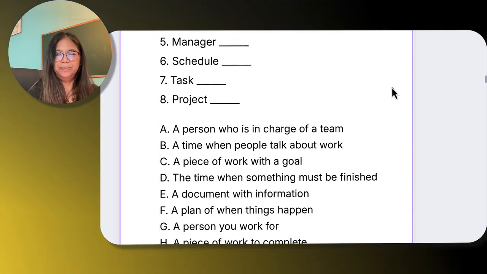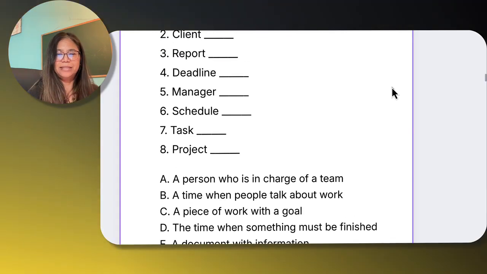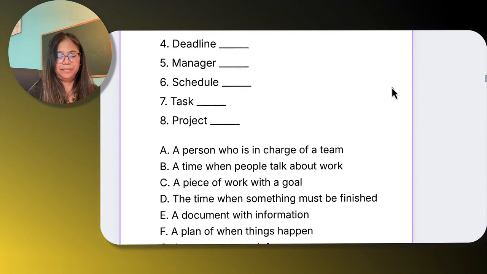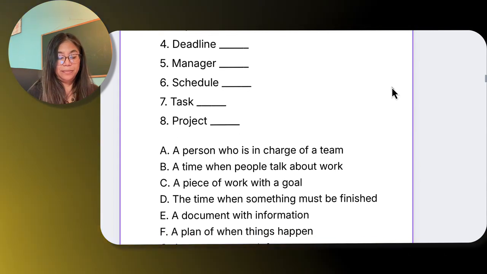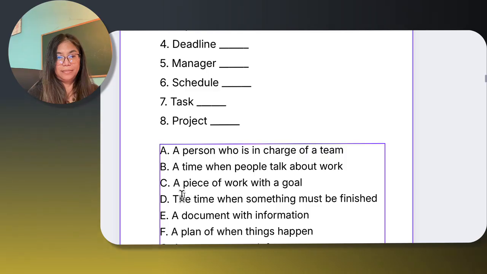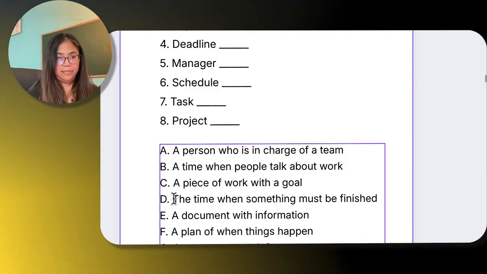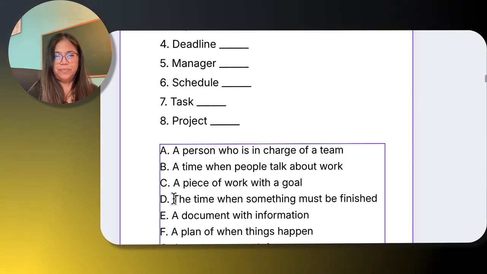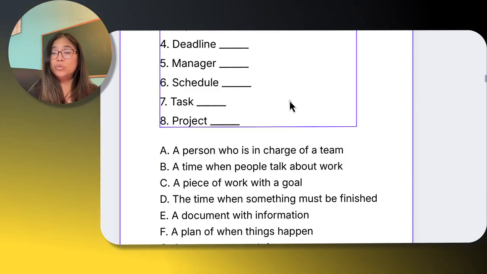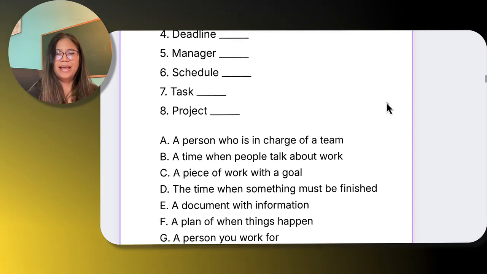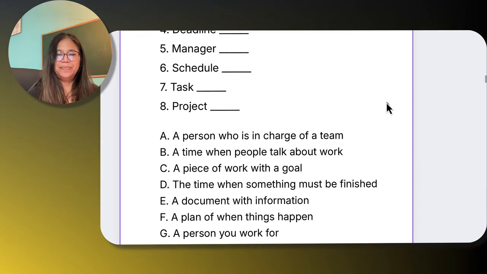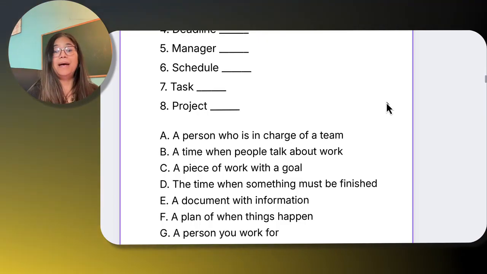6, schedule. Let's see. Which one do you guys think? Well, schedule, I think it is F, a plan when things happen.